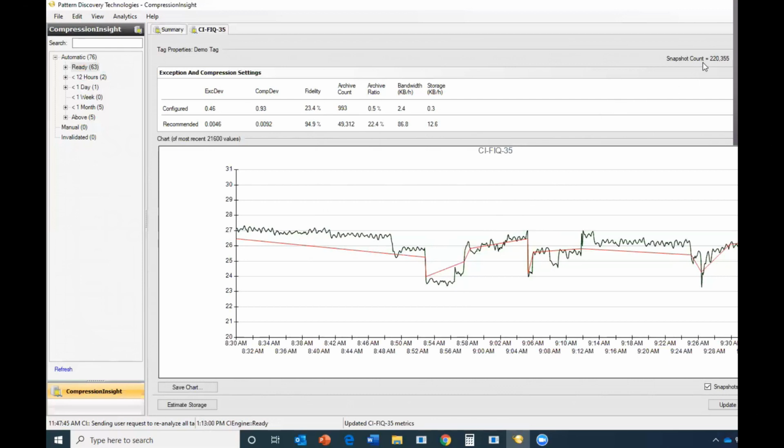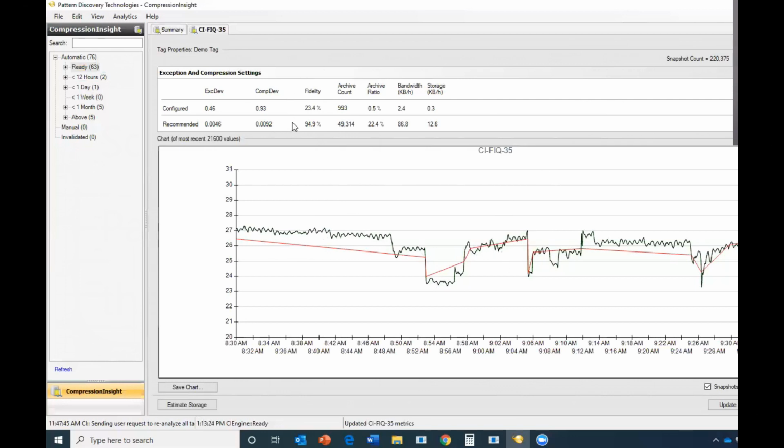So in this case, up in the right-hand corner, you can see I've got about 220,000 snapshots that have been collected. We're only saving in the archive about 993 of them, which translates into an information measure of only about 23.4%.